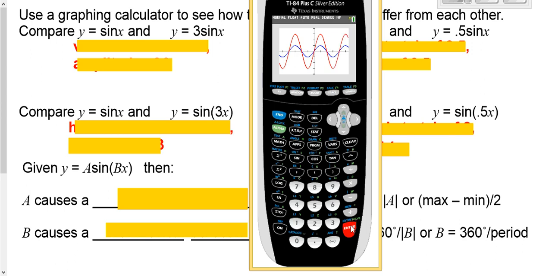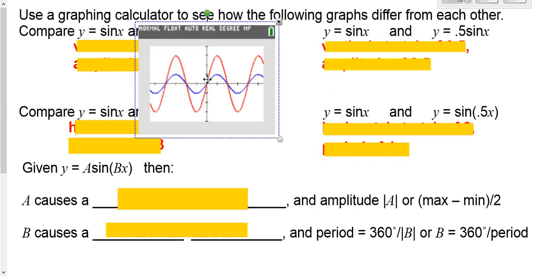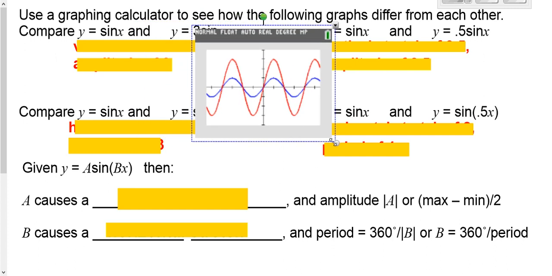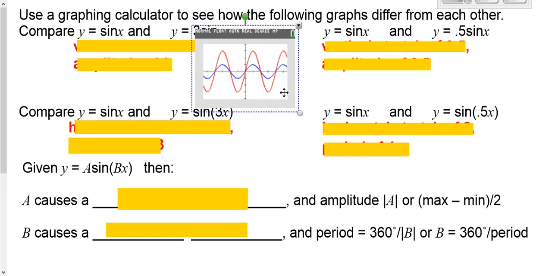So now we have the red. The red is the one with the 3 in front of it. How is the red different than the blue being our original? Well, you can see we go up, go down, up. Our period is not changed. However, our amplitude has changed.